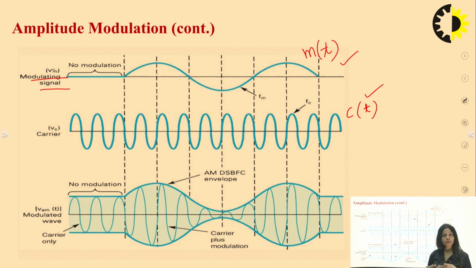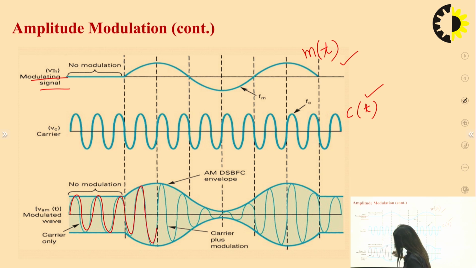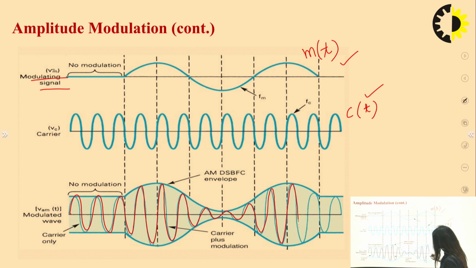After doing that modulation process, the resulting signal will be like this. This is the signal which we are going to propagate. This signal is the modulated signal.